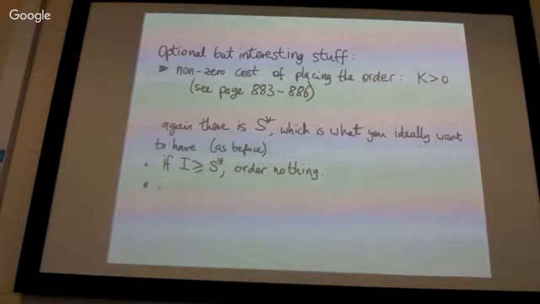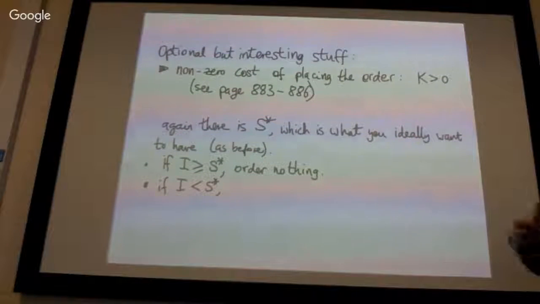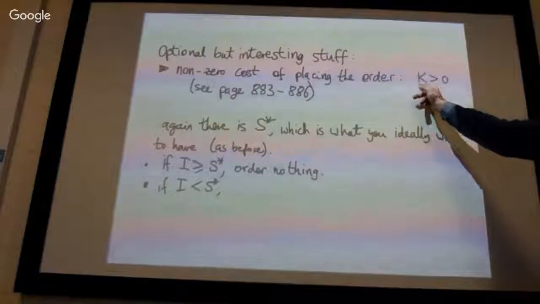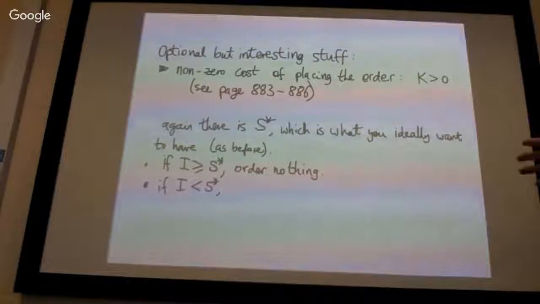Otherwise, if what you have is less than this, then if it's close enough, if you wanted to order, you'd have to pay a lot for placing the order, and the expected amount of money you get from the additional inventory would not be enough to compensate for the cost of placing the order.